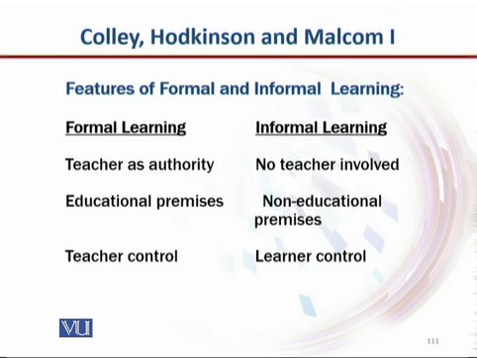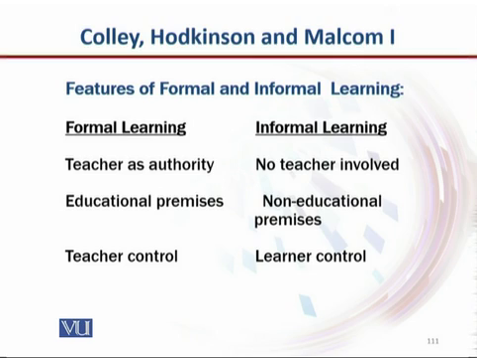In formal learning, the teacher is in control, the teacher is in charge. Everything that happens in a classroom is decided by the teacher. In informal learning, the learner has the control. What is it that I need to learn? What is it that I need to pick up? What is it that I'm looking for? And the learner decides what the learner wants to keep and what the learner does not want to keep.